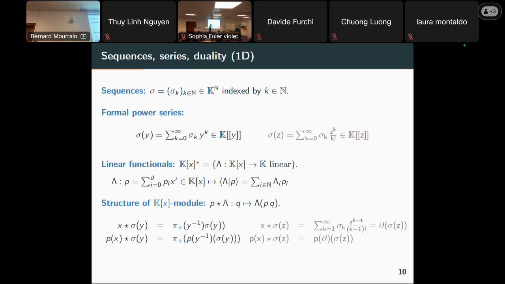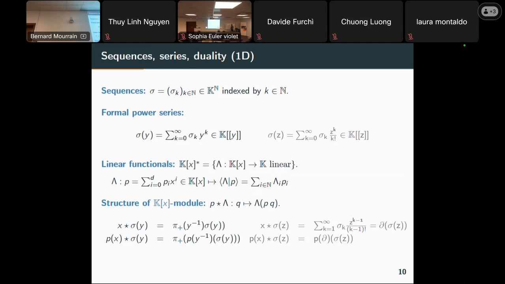So, for instance, suppose our polynomial is P of x equal to x squared minus 6. So what will be P of delta of t?